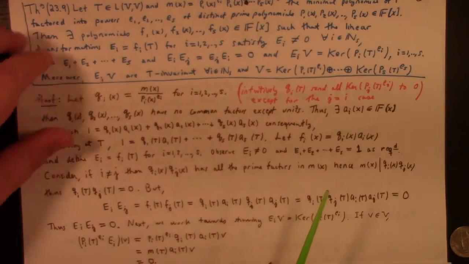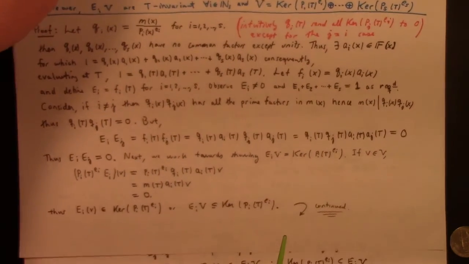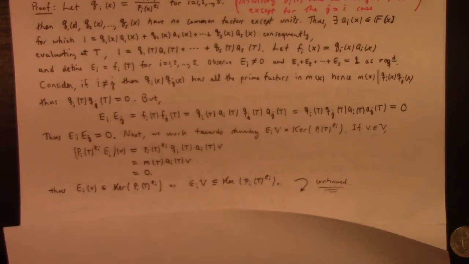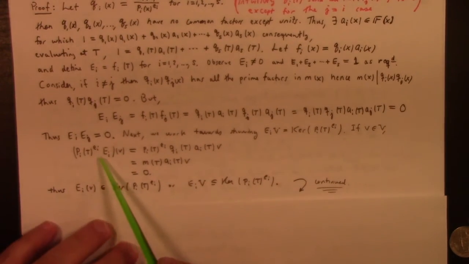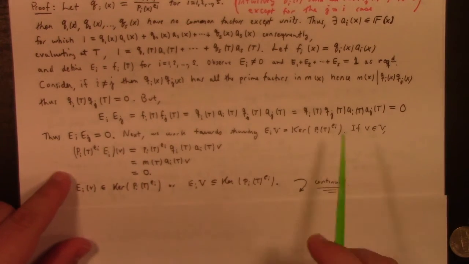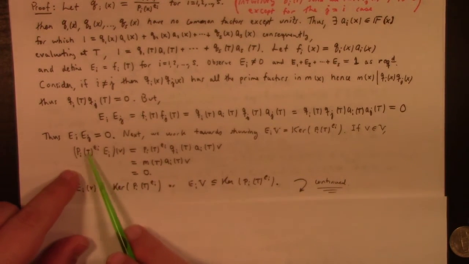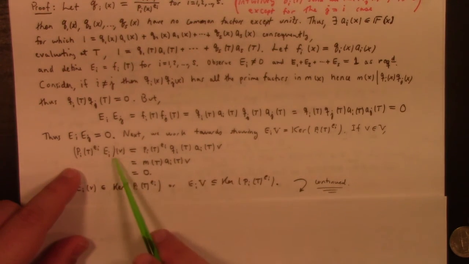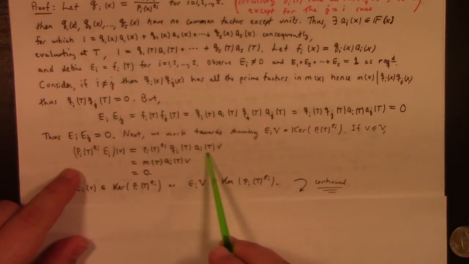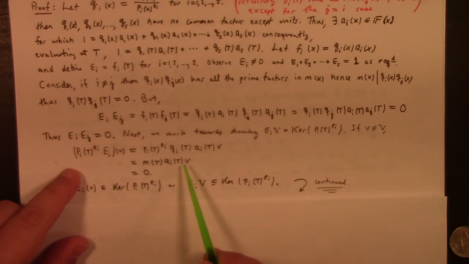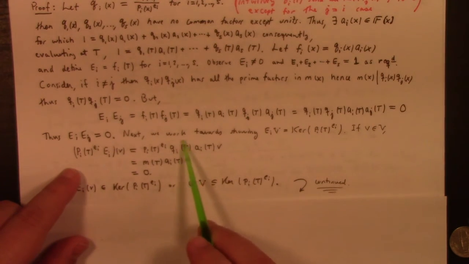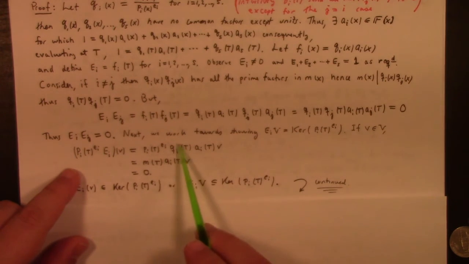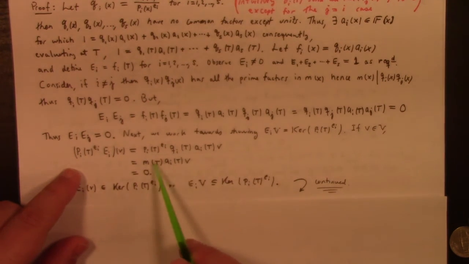Let me bring it up here a bit. So here's the start of that, half of it again. Let v be a vector in the vector space. If you look at this, that's the same as that because Ei is just qi ai. But this is exactly the minimal polynomial with the factor divided out, and put these two things back together, that's the minimal polynomial.